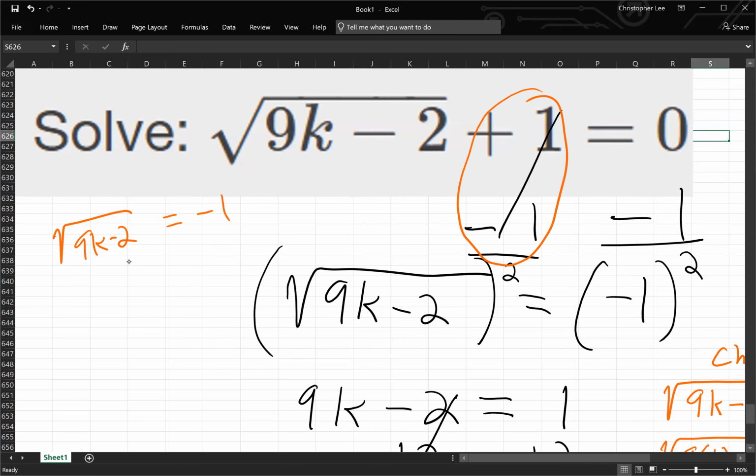You know there's going to be no solution. If you have an even power root and it's equal to a negative number, you already know that ain't going to work. Does that mean our answer was wrong?